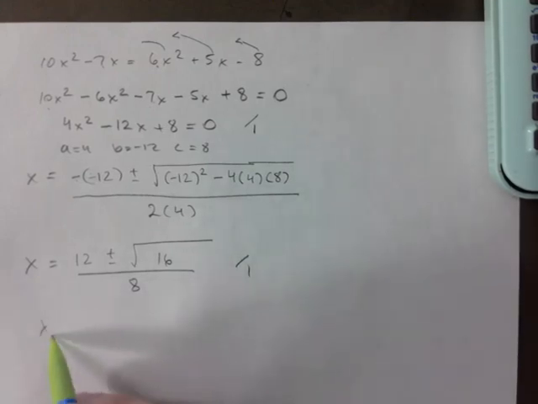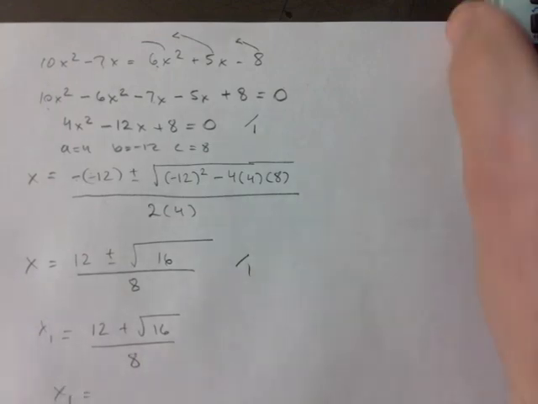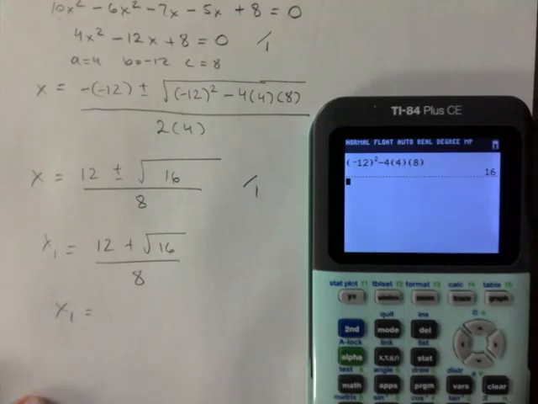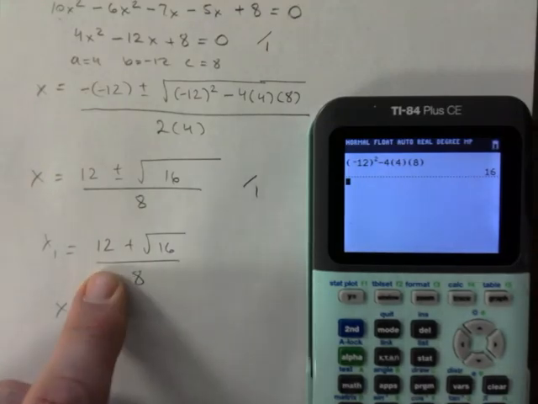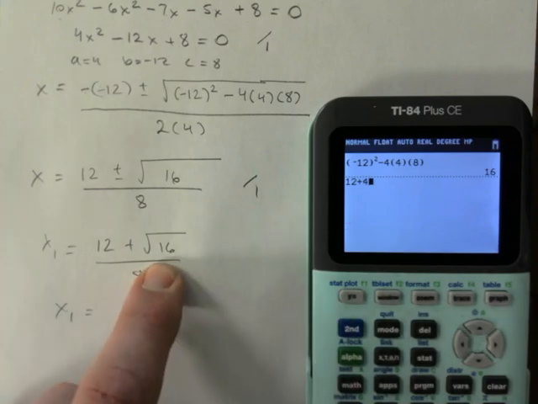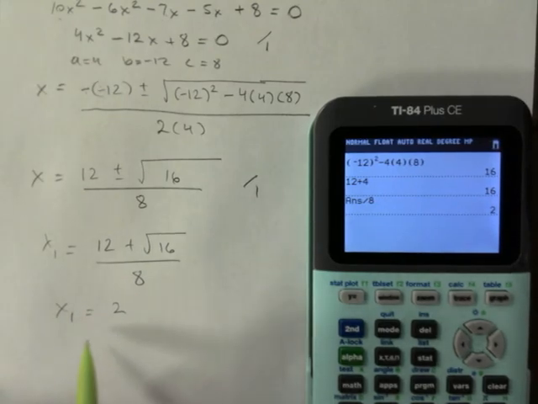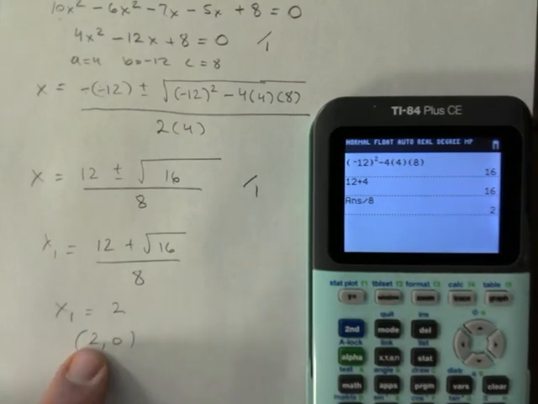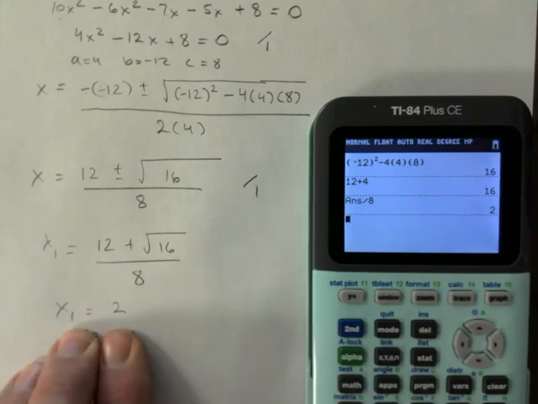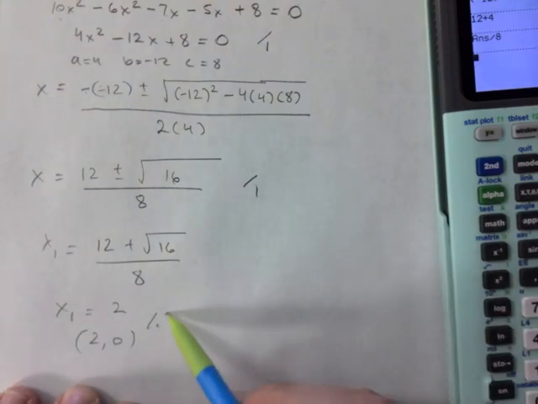And so now x1 will be found by, we know that this is 4, but I'm just going to do it this way. So here's where you're going to get another half mark. So 12 plus, I'll just go 4, okay? Root of 16 is 4. Divided by 8. That'll be 2. You don't need to say 2.0. If you just have x is equal to 2, you're fine. So this gives you half a mark.